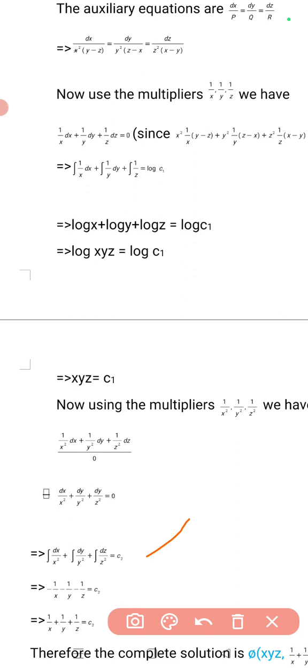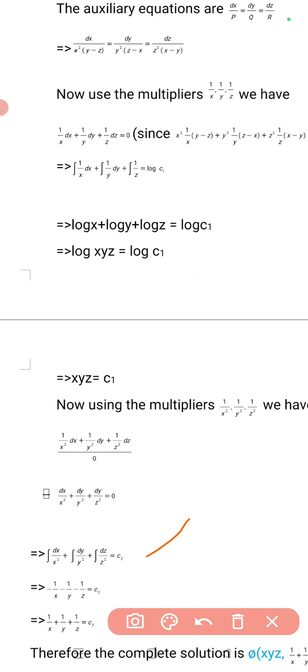When I am left with only these parts, I shall directly go to what? The integration part, integral dx by x square. So what is the formula for integral dx by x square? See, 1 by x square can also be written as integral of x power minus 2 dx. What is the formula of integral x power n dx? It is nothing but x power n plus 1 by n plus 1.